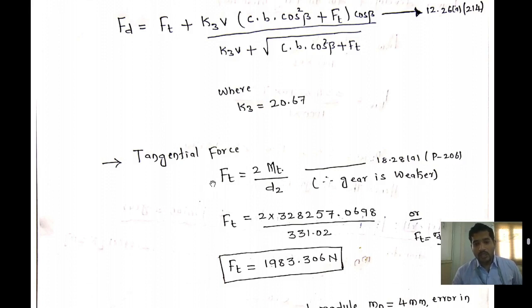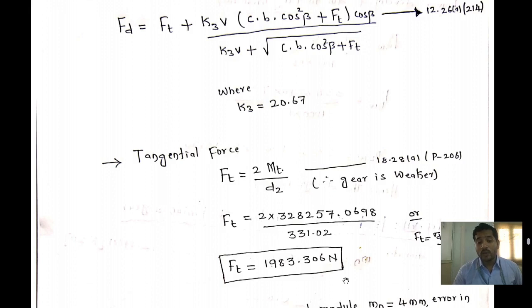Clear? So this FT tangential force we have to refer from page number 206, equation 18.28a, because our gear is weaker than the pinion. So that's why I am taking this value: 2 into moment of torque value, which is 328,257.0698, by the diameter of the gear, which is 331.02.